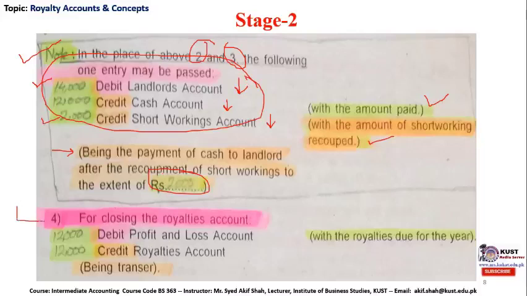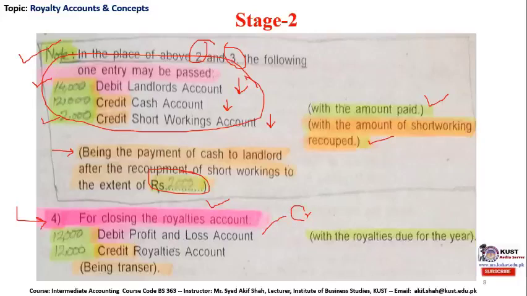Now it's the stage to mention the final entry, and the final entry is to close the royalty account. Since this is a temporary expense account, we have to close all the expenses against the profit and loss account. We know that the profit and loss account generally has a credit balance, and the credit balance shows that the company is in profit.